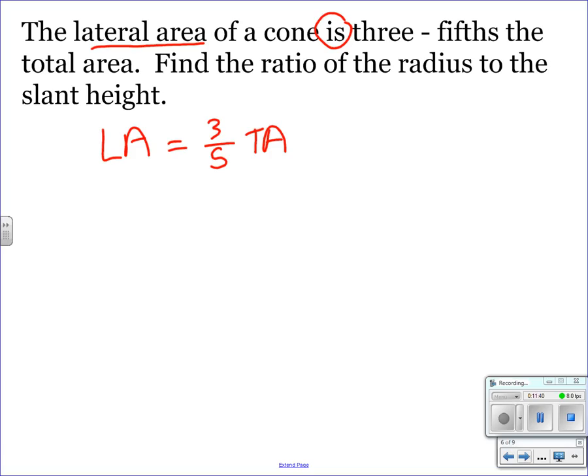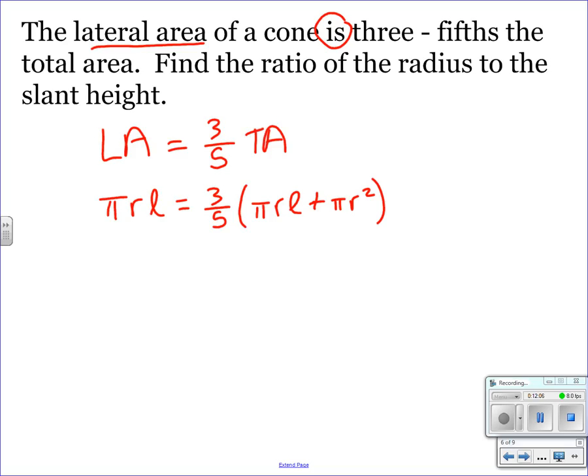Well, lateral area, that's pi RL, or pi times the radius times the slant height. The total area, well, that's pi RL plus the area of the base.